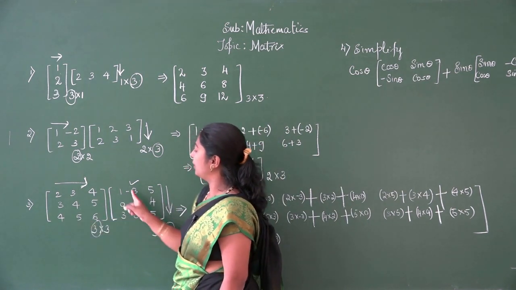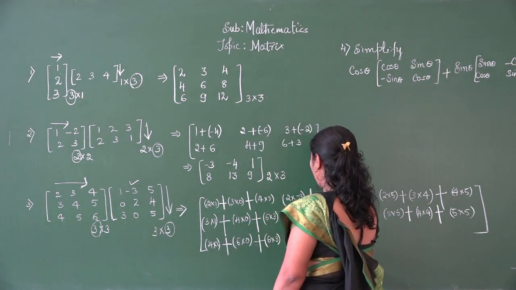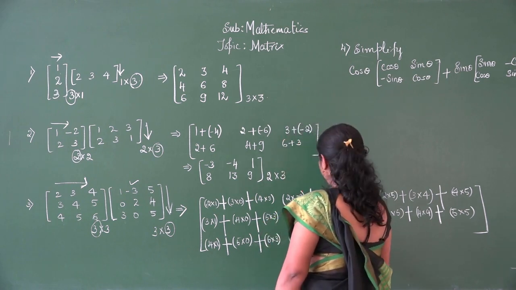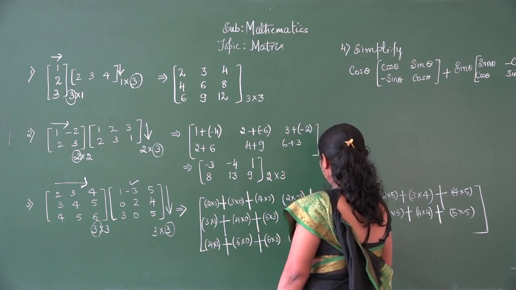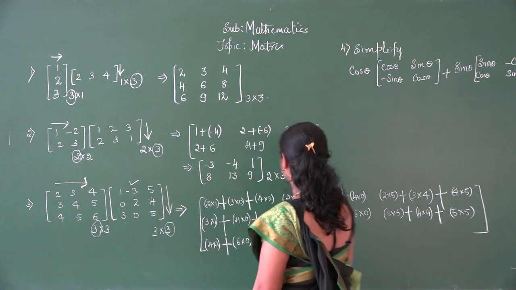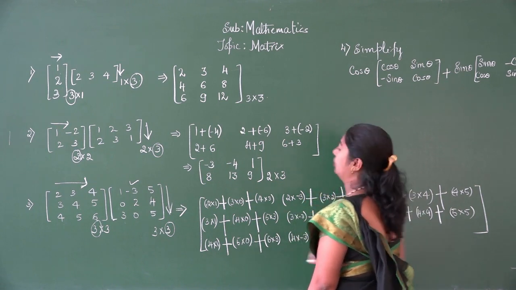Moving on with the last row, second column. The corresponding element of 4 will be minus 3, which can be written as 4 into minus 3 plus 5 into 2 plus, the corresponding element of 6 was nothing but 0, which can be written as 6 into 0.